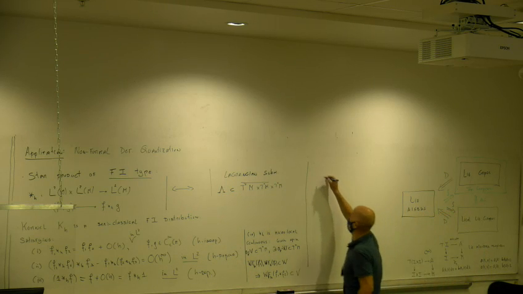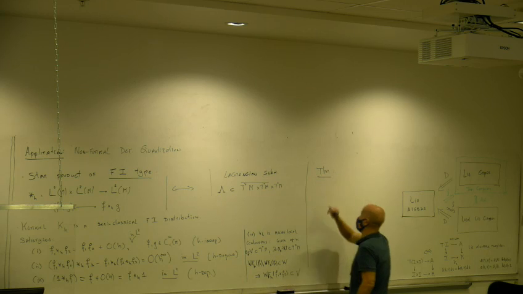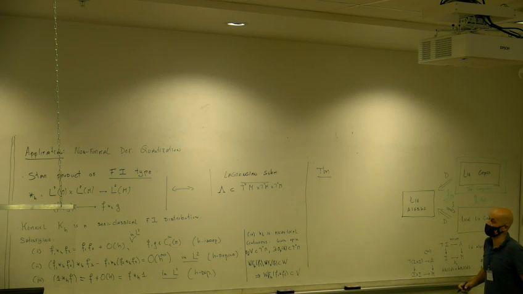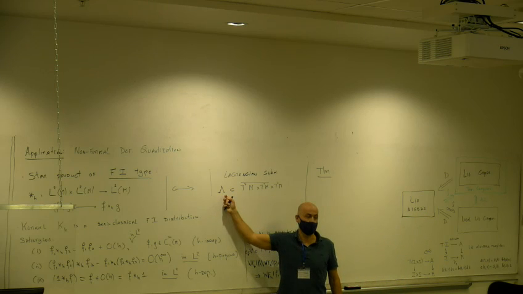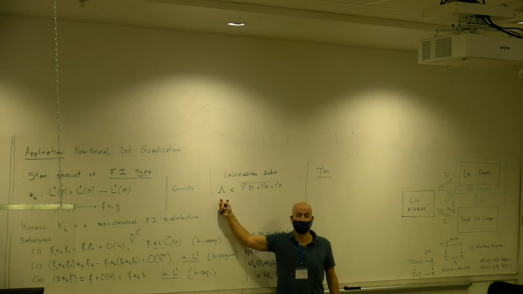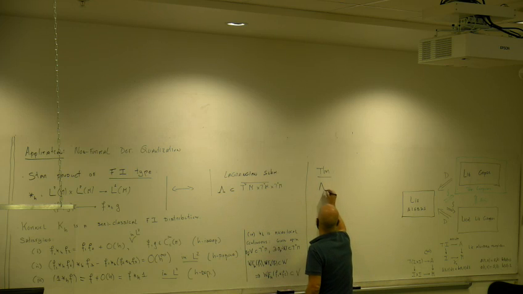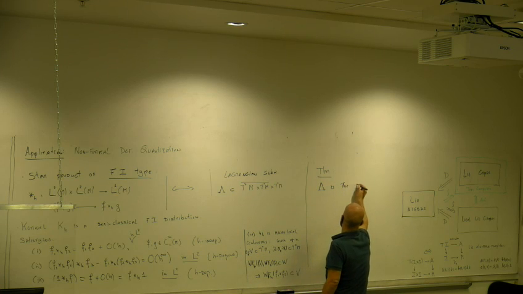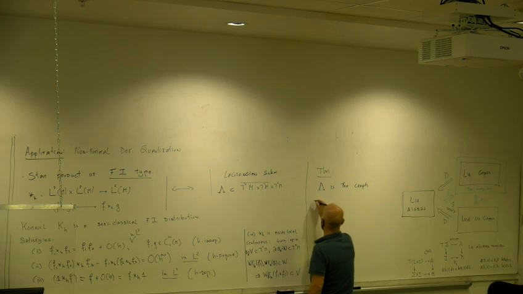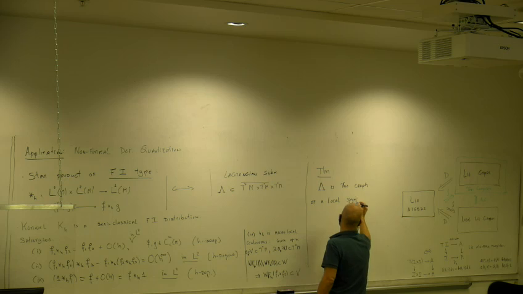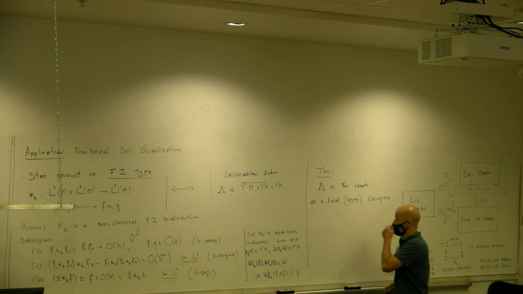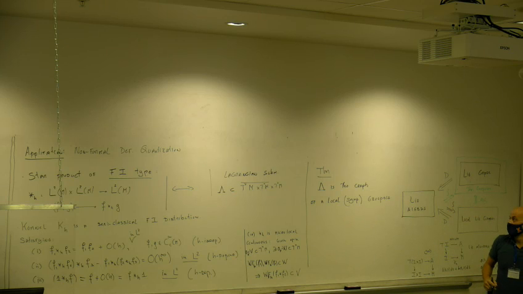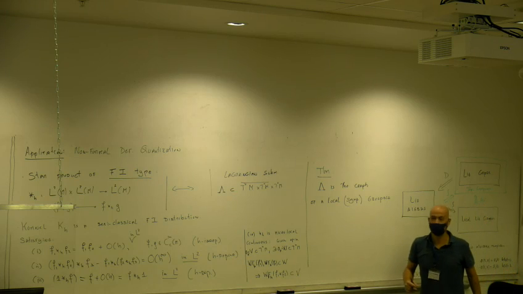And now the theorem, as much as you can call a theorem for work in progress, says that this Lagrangian submanifold is the graph of a local symplectic groupoid. If you don't care about the symplectic part, no worries. Moreover, this is globally associative.